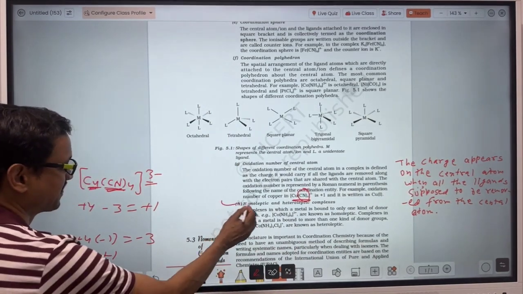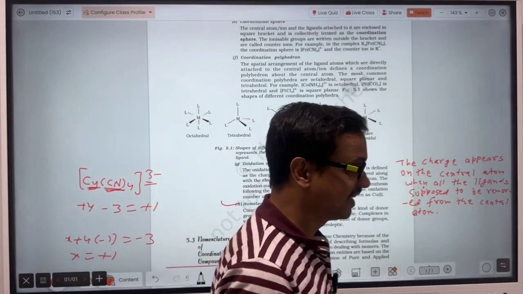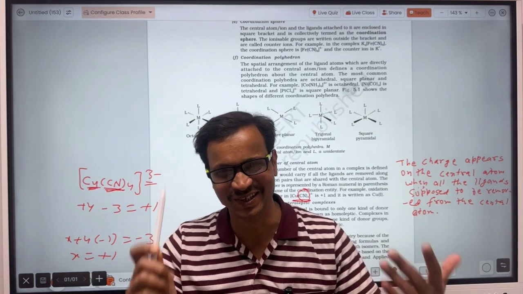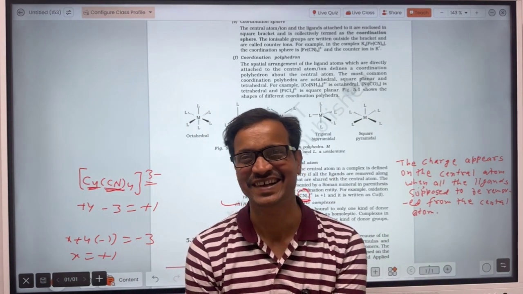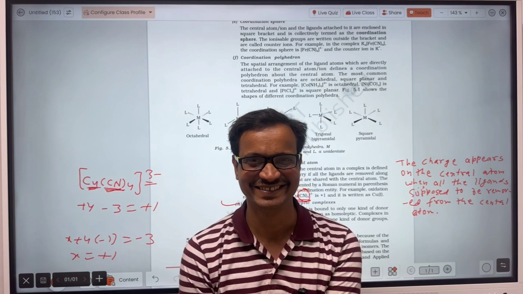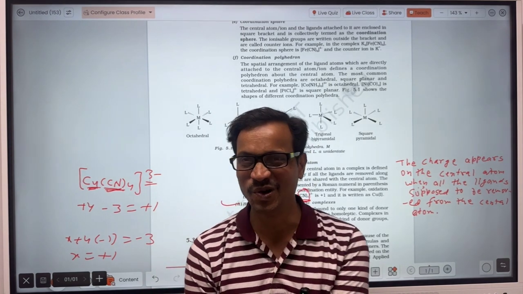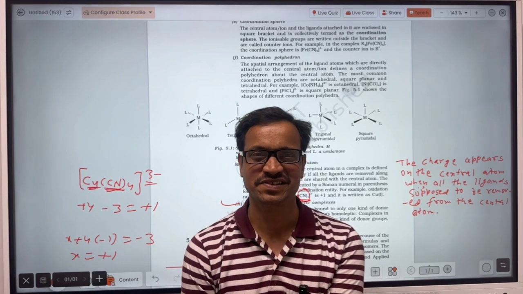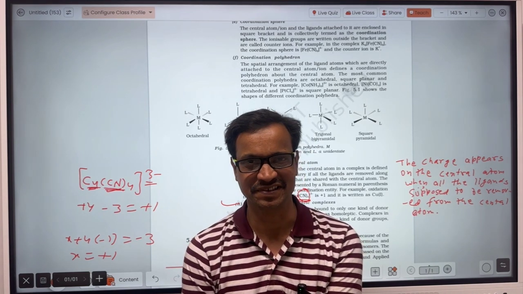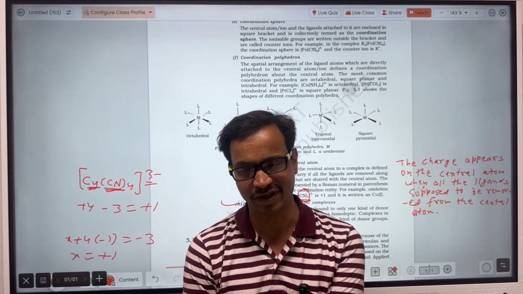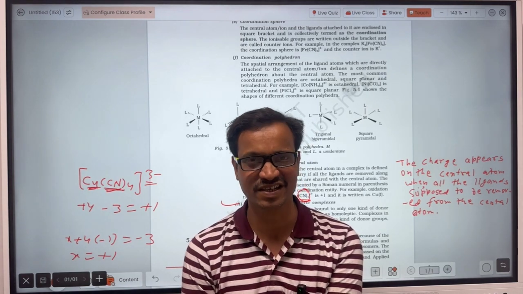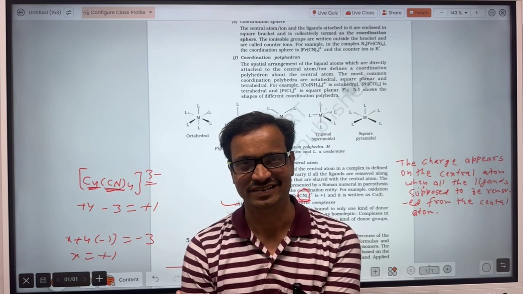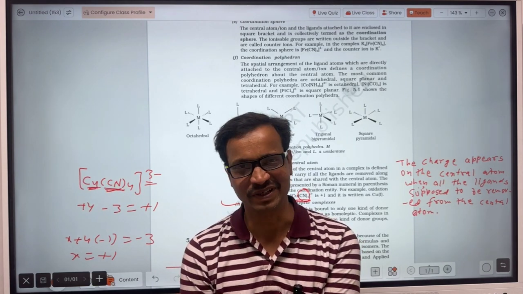Next one is very easy. Homoleptic complex and heteroleptic complex. About the term homo, you have studied it a number of times. Homoleptic means the complex compound in which only one type of ligand is present. Like if ammonia is the ligand present in the compound, and there is only ammonia, then that will be called a homoleptic complex.